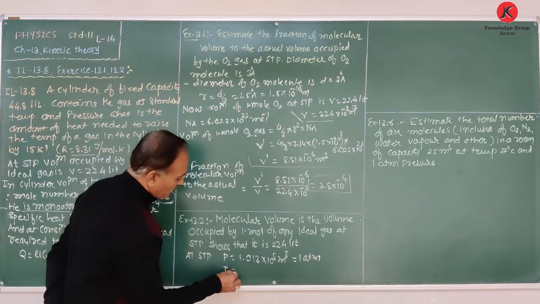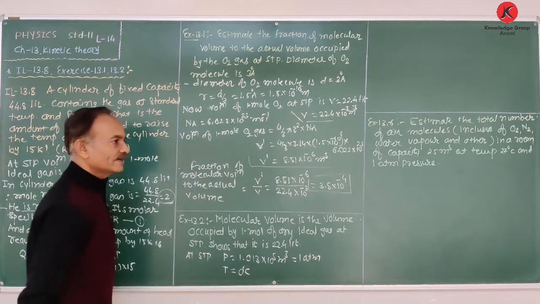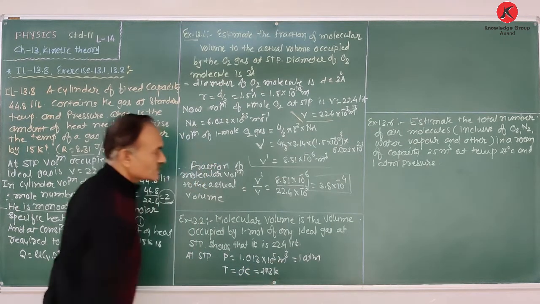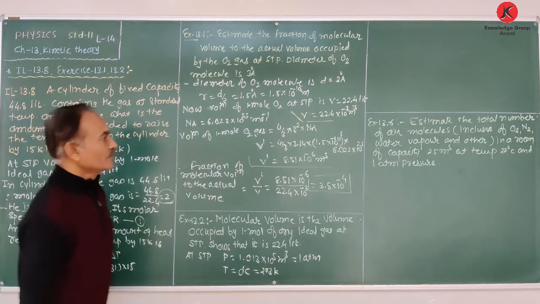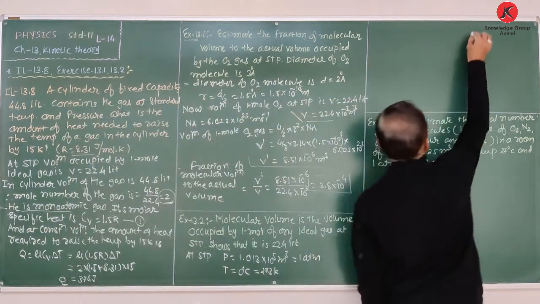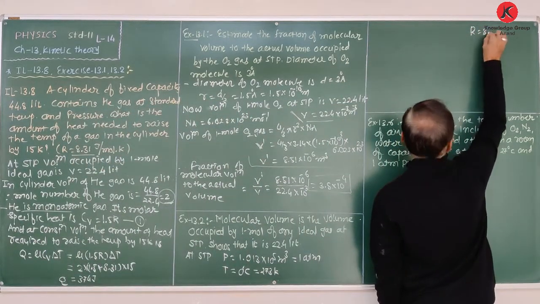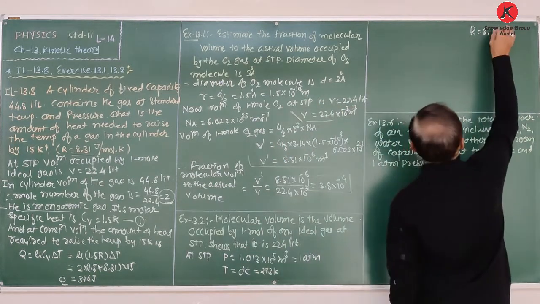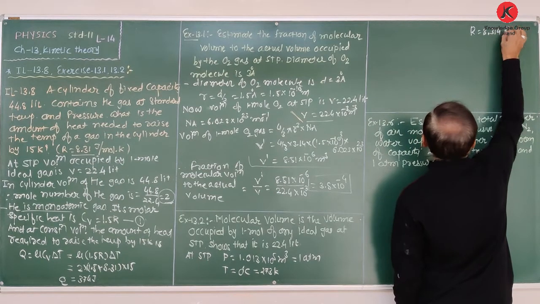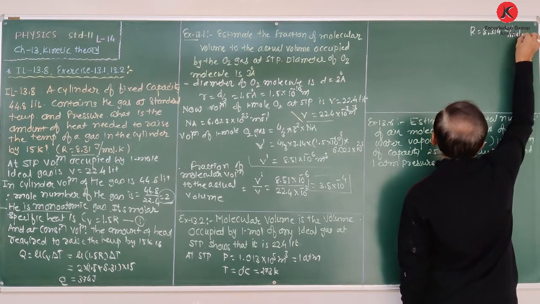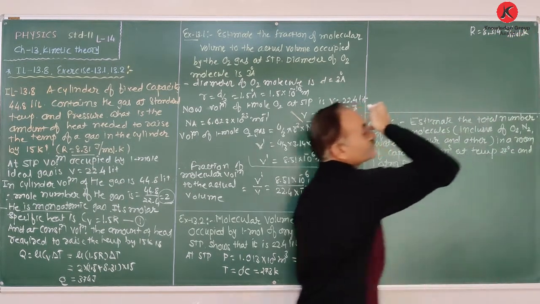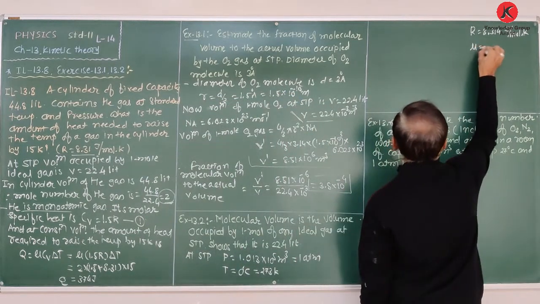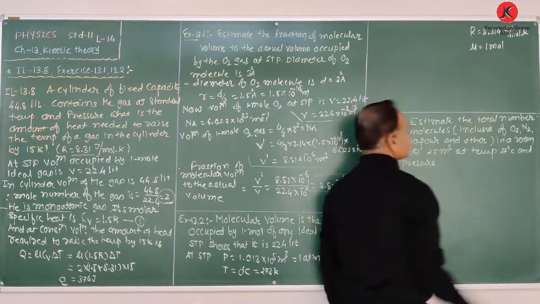Temperature T is equal to 0 degrees centigrade, that means 273 Kelvin. Universal gas constant R is equal to 8.314 joule per mole Kelvin, and mu is given as 1 mole.